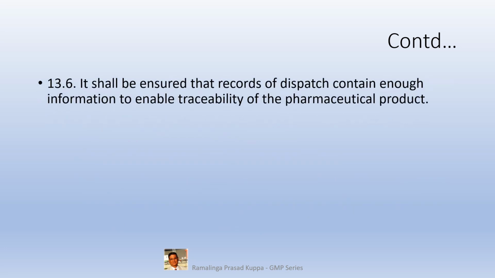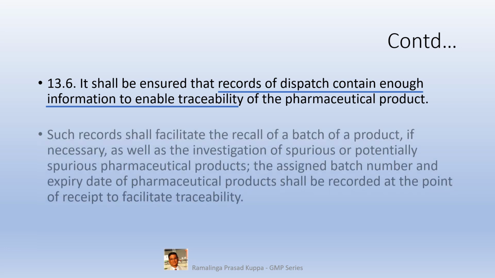Section 13.6 of CDSCO prescribes it shall be ensured that records of dispatch contain enough information to enable traceability of the pharmaceutical product. Section 13.6 says, as an implied requirement of Section 211.196 prescription on distribution records, to contain enough information for traceability.